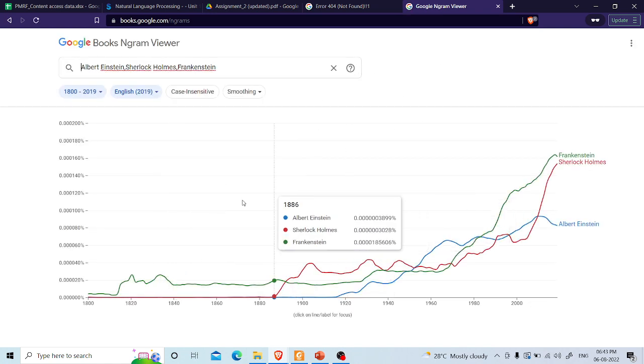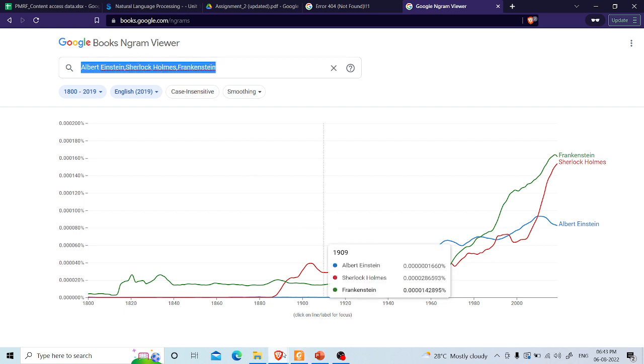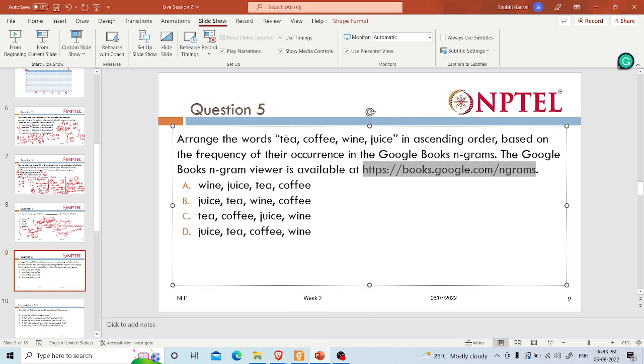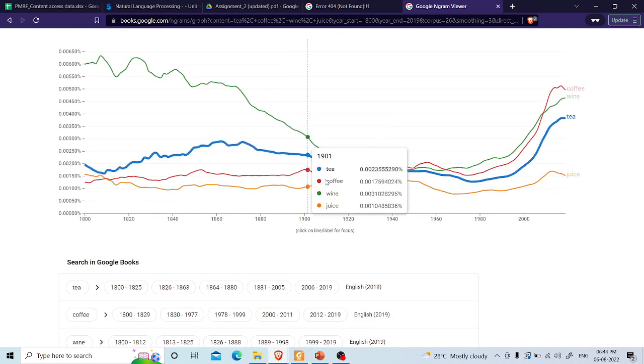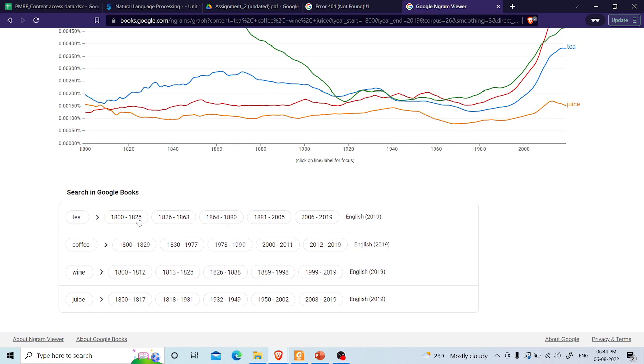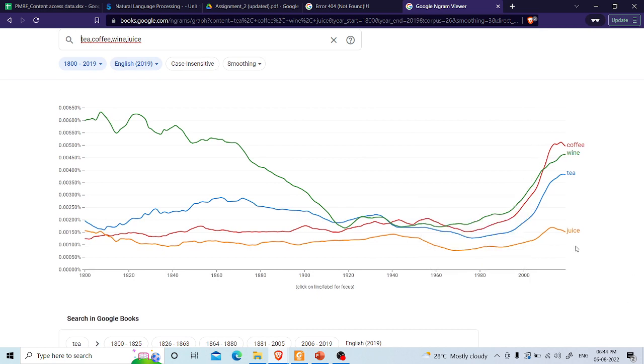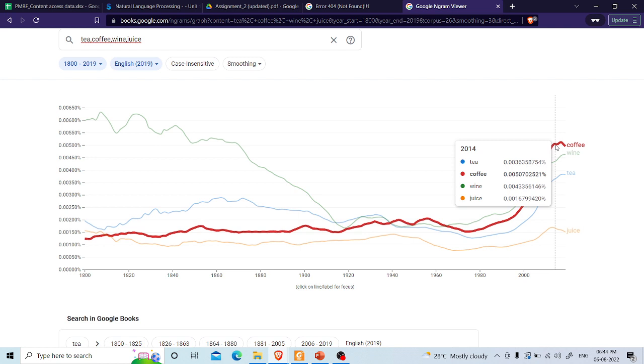Here they want you to find the probability of occurrence of tea, coffee, wine, and juice. We just put these words here, and now they say this is the order that they are giving to us.